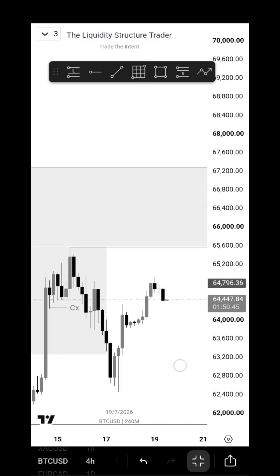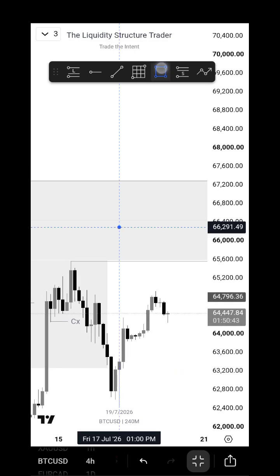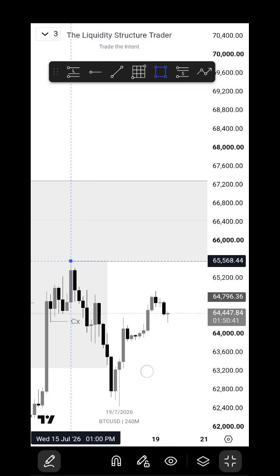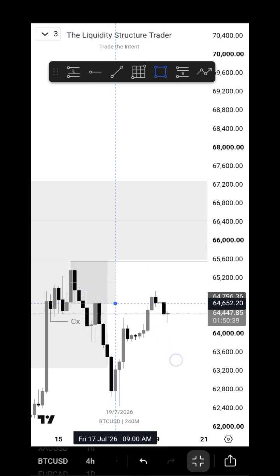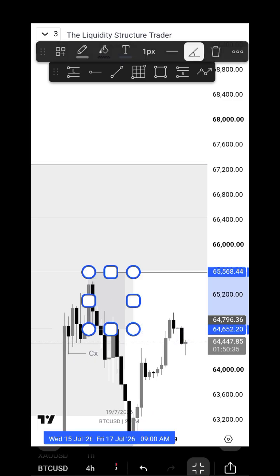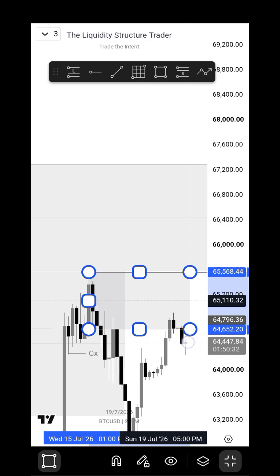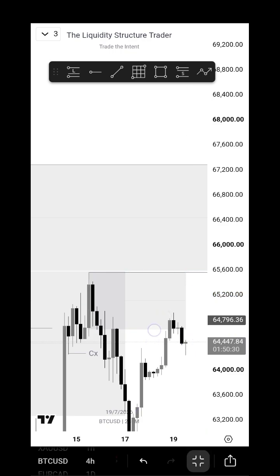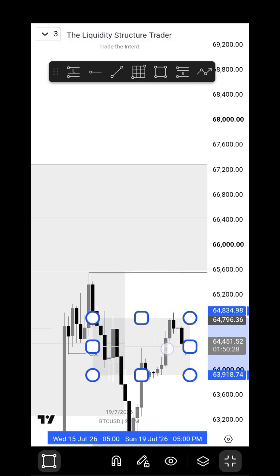Now what do we do? Here is an order block. Here is another block, and also here is another block.